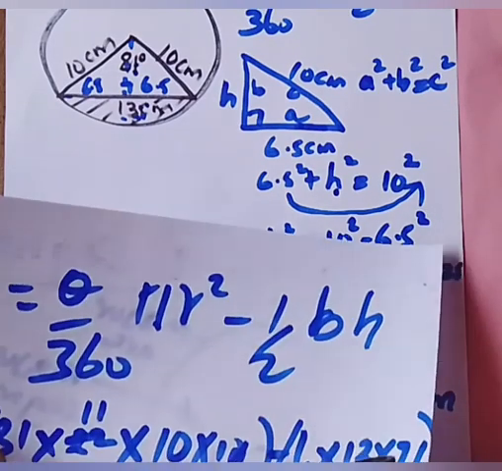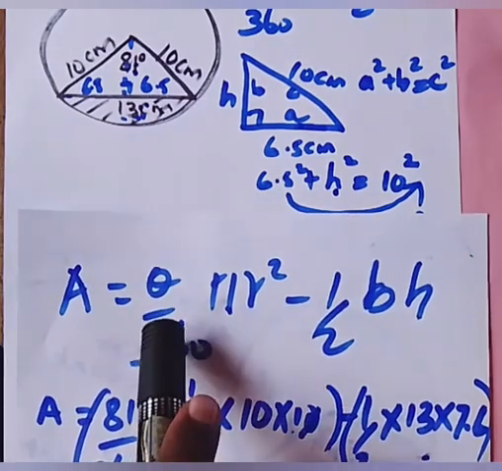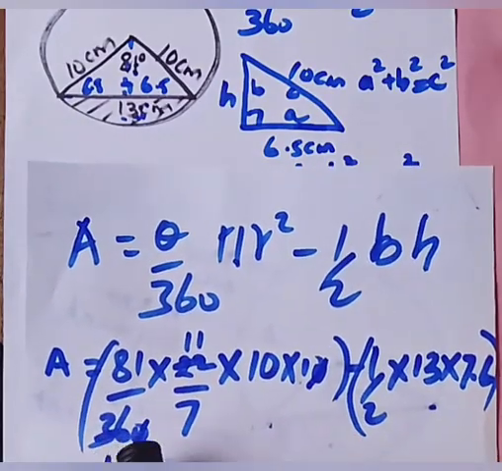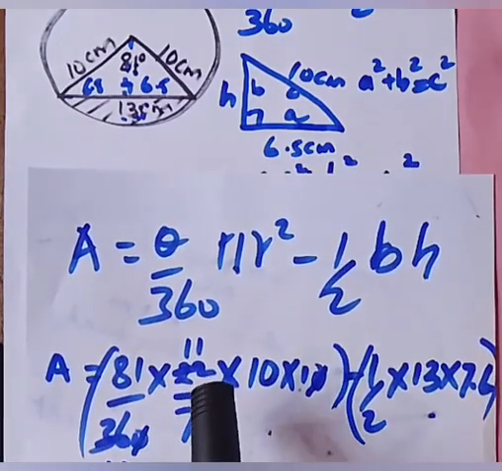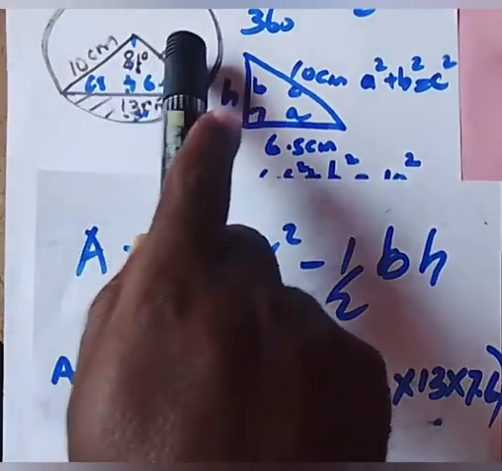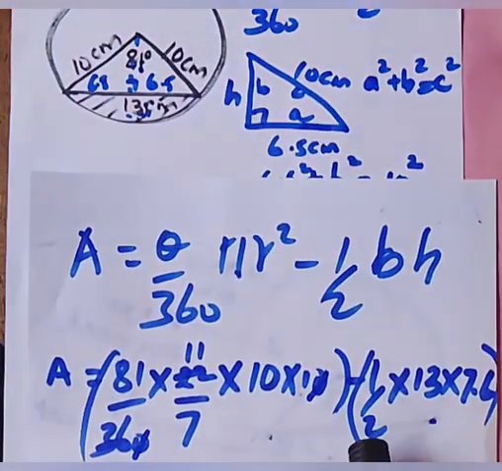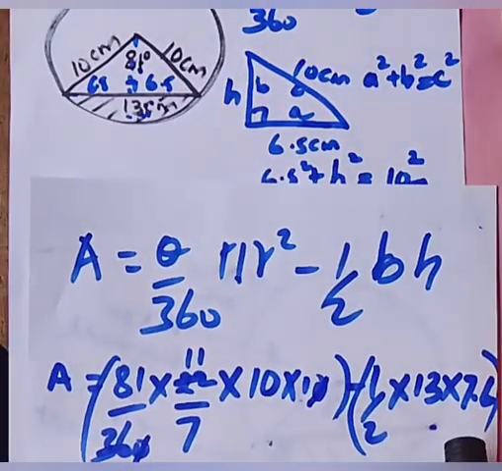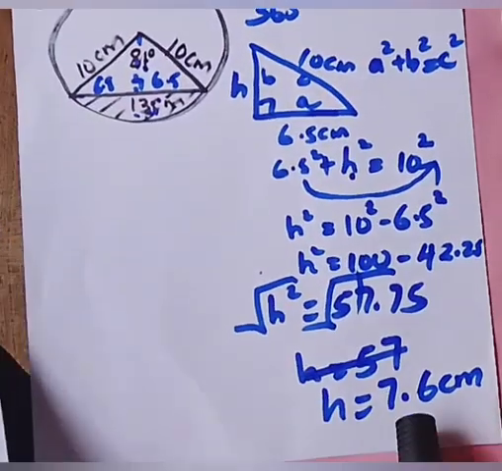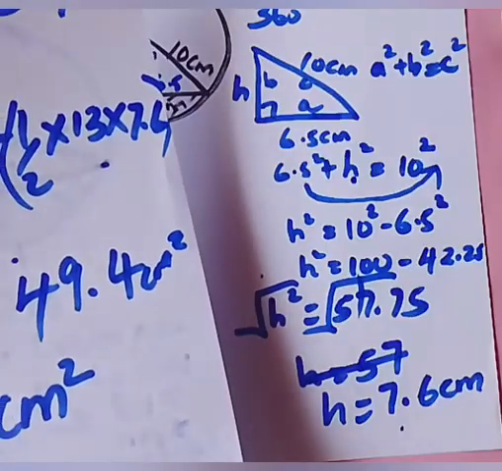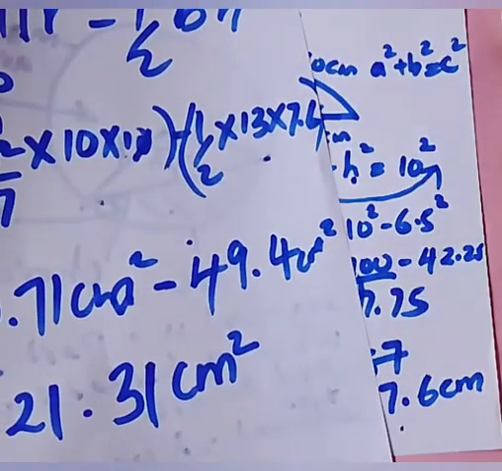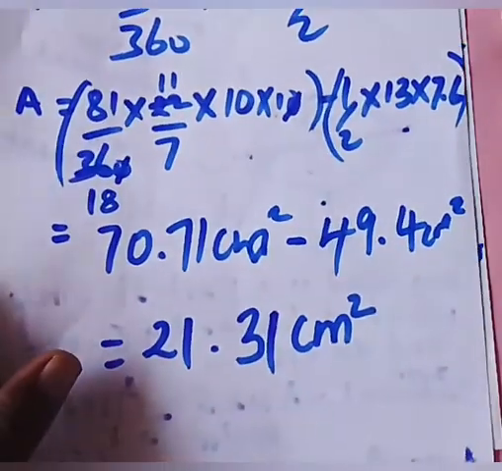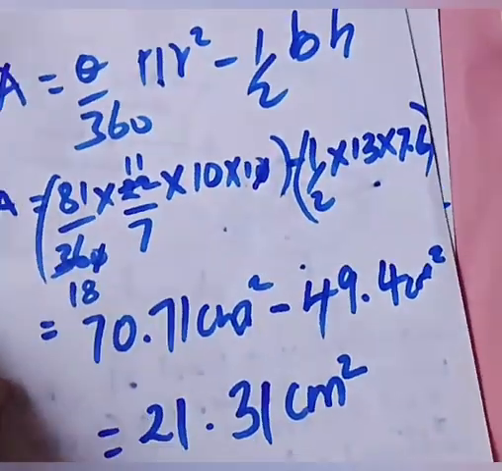After getting the height at 7.6, now we replace this on our formula. Theta is 81 over 360 times 22 over 7 times the radius, which is 10 times 10, minus half times base of 13, then multiplied by the height, which was 7.6, and we got 21.31 centimeters squared.